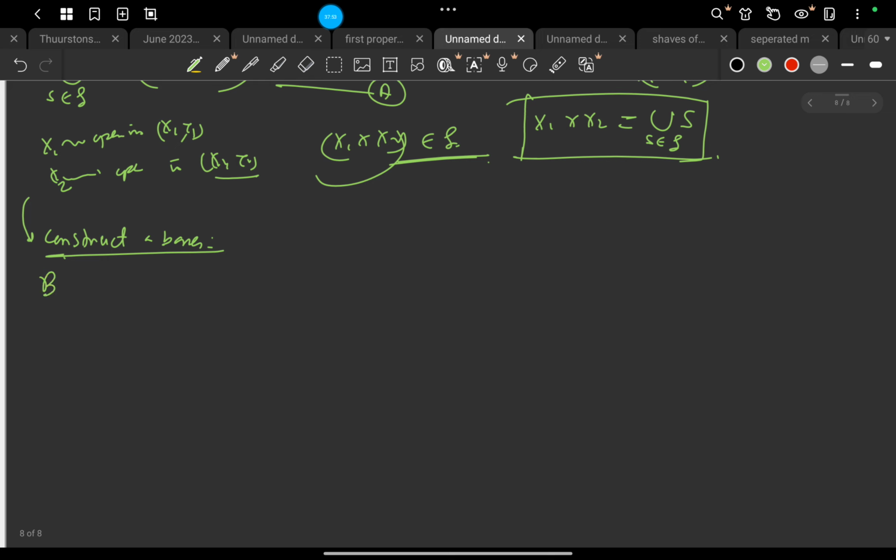I will construct the basis B to be the set of all finite intersections of Si, where Si belongs to S, and then also take their union.